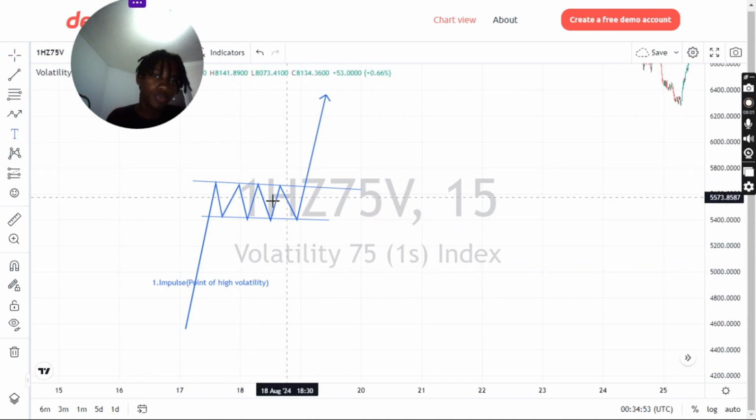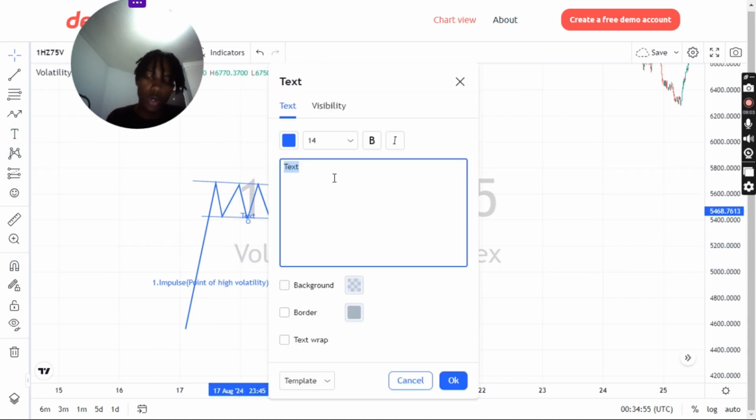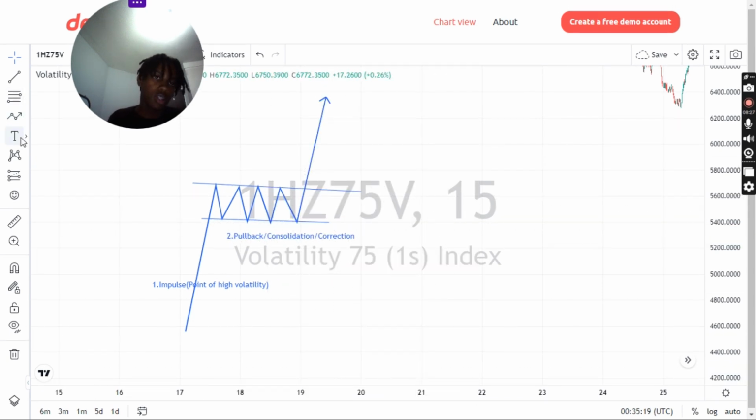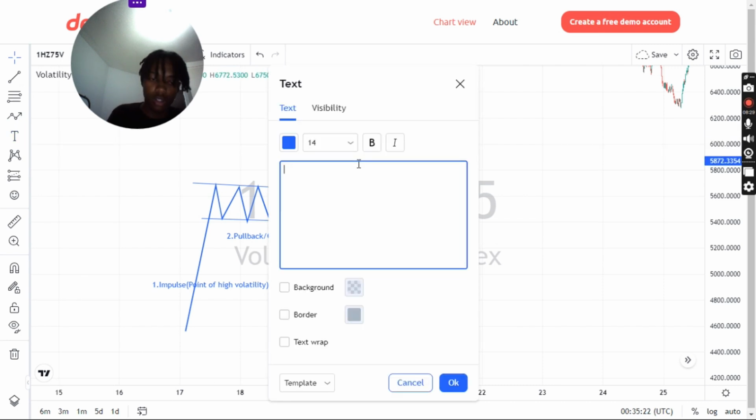And then number 2, we need to see an obvious pullback, worded as consolidation or correction, right? And number 3, we fly. Let's just say we fly.